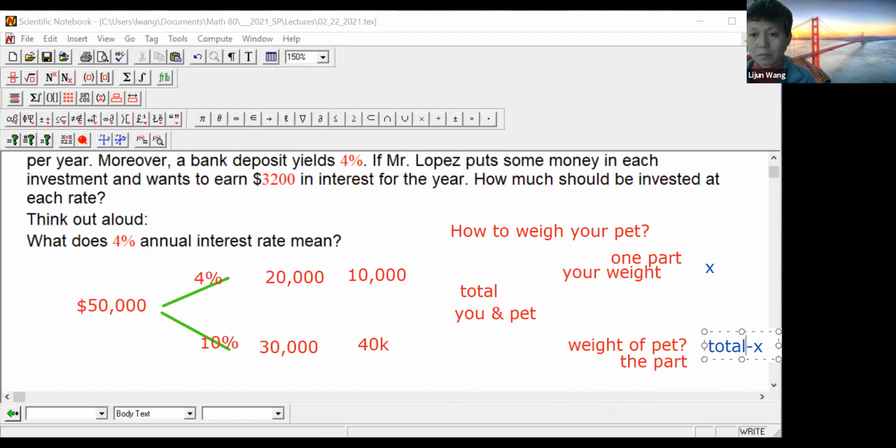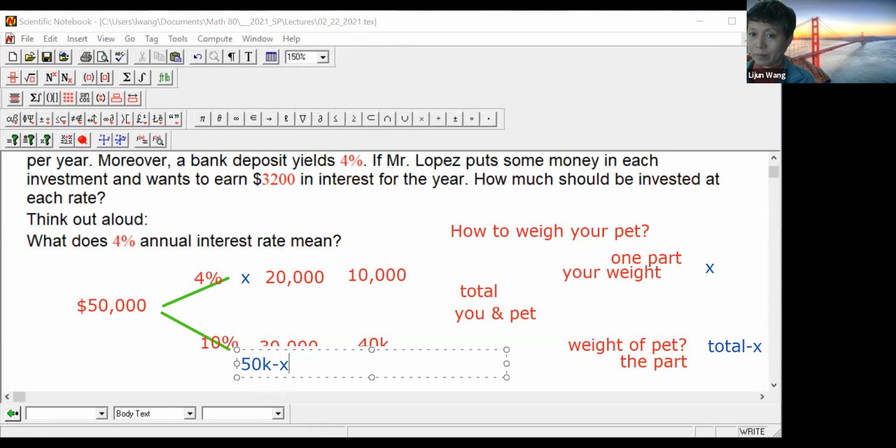So what will be the formula if you have X dollars in 4%? How much are you going to invest in 10%? Would that be 50K minus X? Do you get the formula?